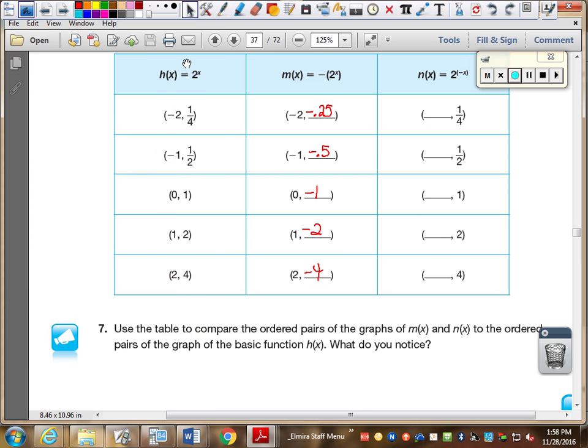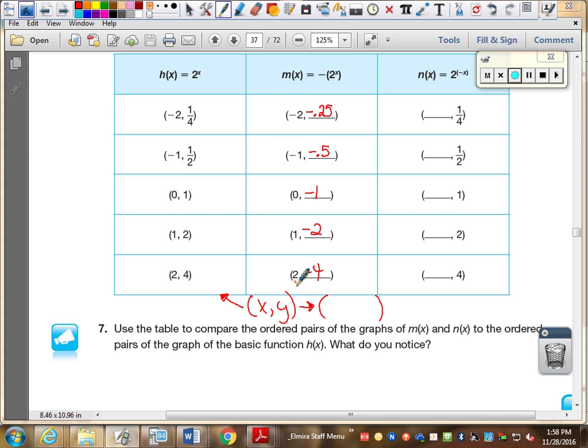What I want you to look at is how do the coordinates compare? Like this is +2, +4. This is +2, -4. What changes coordinate-wise from one to the next? In other words, how did the coordinates in that first column change?